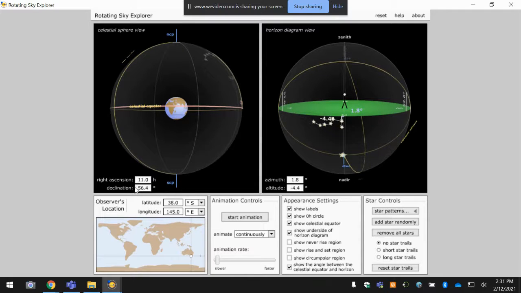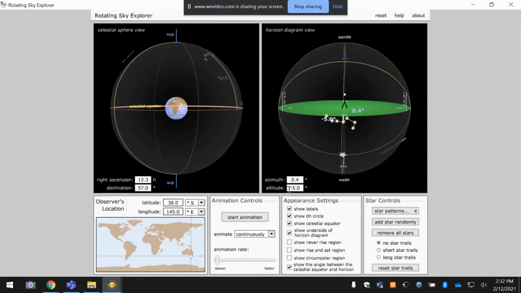Second star in the Dipper, right ascension and declination here, altitude here. Next star in the Dipper, right ascension and declination here. What you're going to write in the blank is the altitude, and that is here, minus 1.7, again below the horizon.